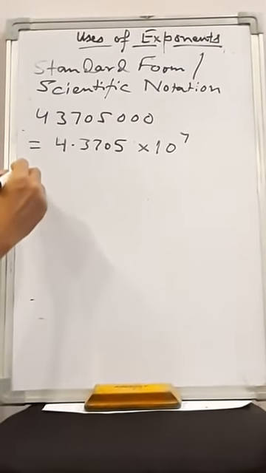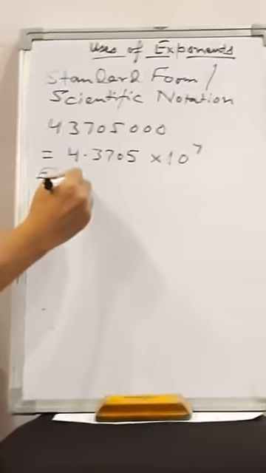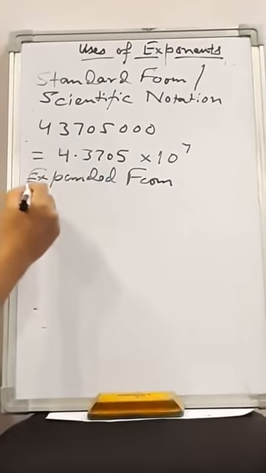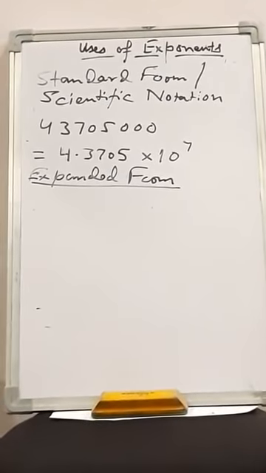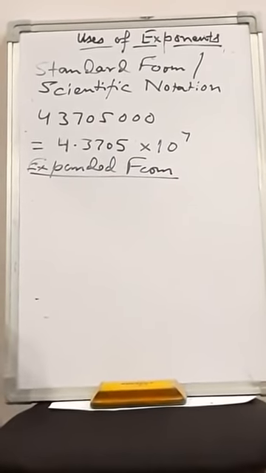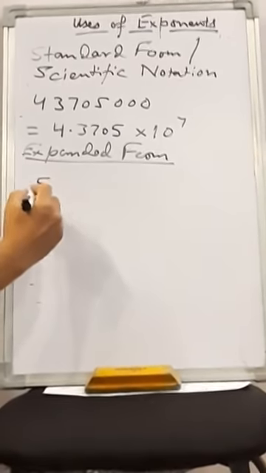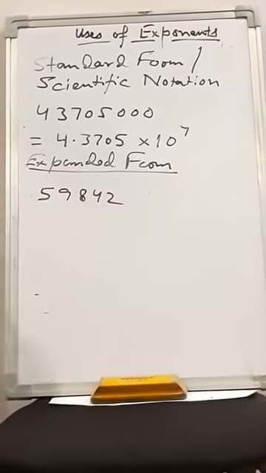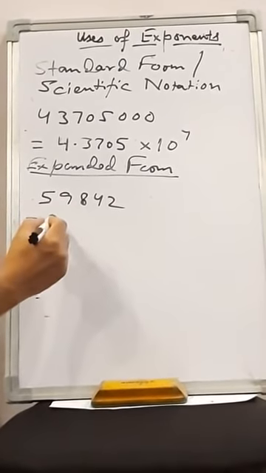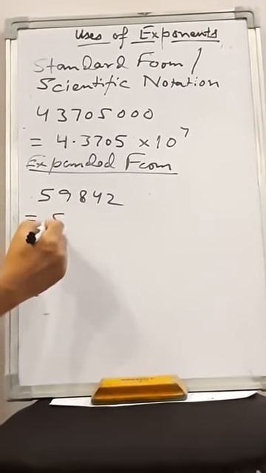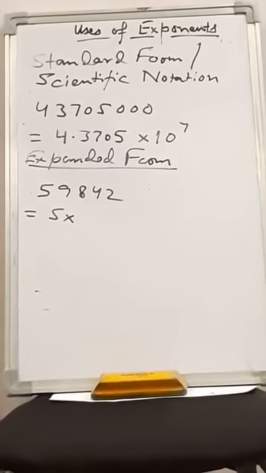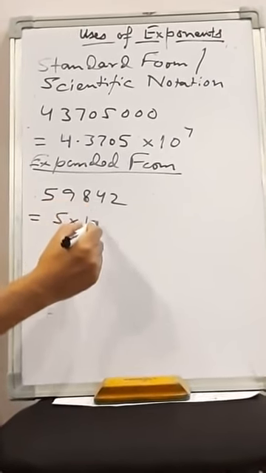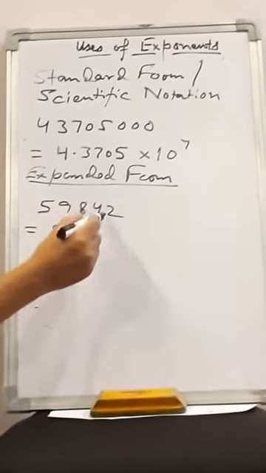Then I told you about expanded form. In expanded form, we write a given number, suppose 59842, so we have to write this in expanded form. We write every number multiplied by its place value. So 5 into 1000. How many zeros? 1, 2, 3, 4.